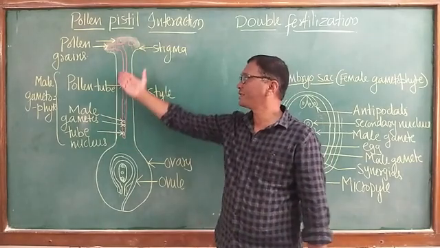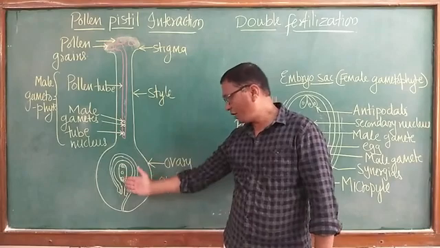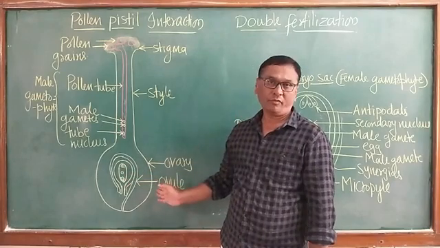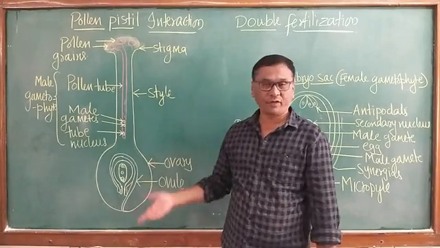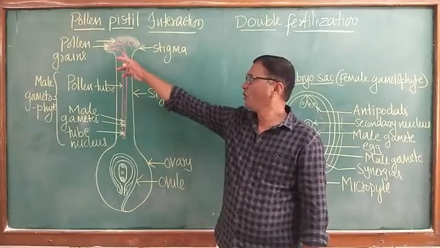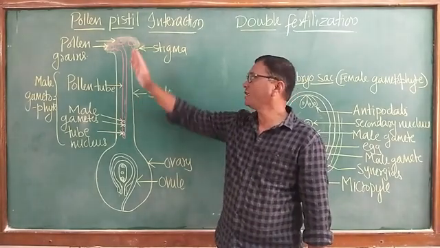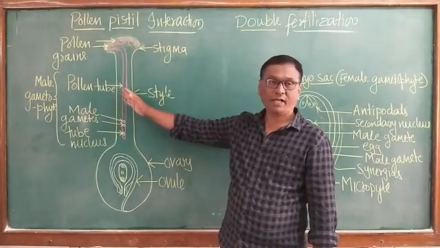Many pollen tubes can develop on the stigma, and many may enter into the ovary because many ovules may be present within the ovary.